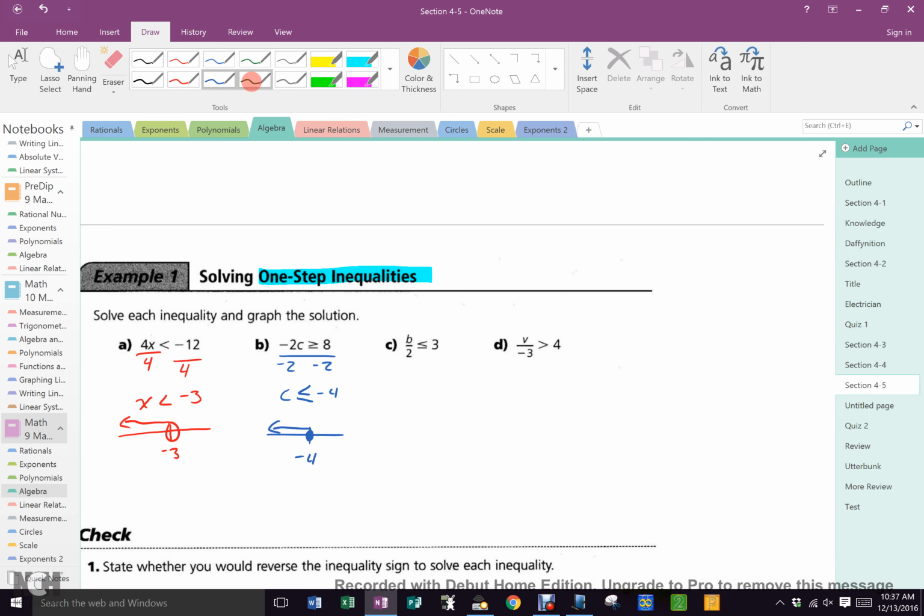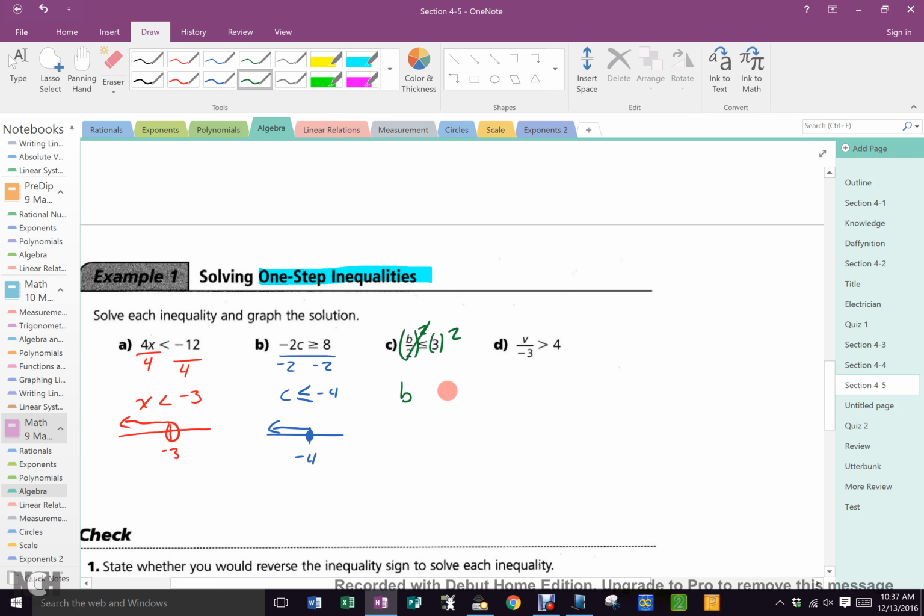Good. Look at the next one. What's in the way of B being alone? A divided by positive 2. So what do I have to do to get rid of it? Multiply by positive 2. What do I got to do to the 3? Multiply by positive 2. What happens to these 2's? Cancel out.